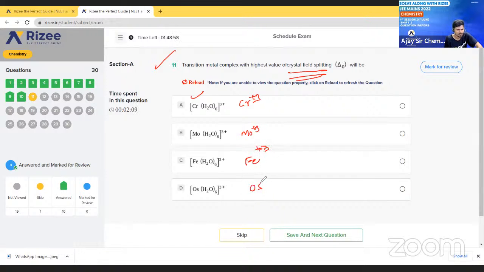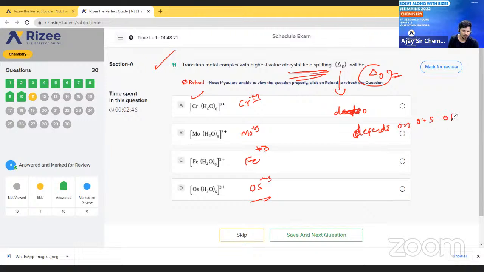But we studied during the crystal field stabilization energy of octahedral complexes one point: this crystal field splitting energy delta O depends on the oxidation state of the central metal atom, and it will also depend on the transition series.